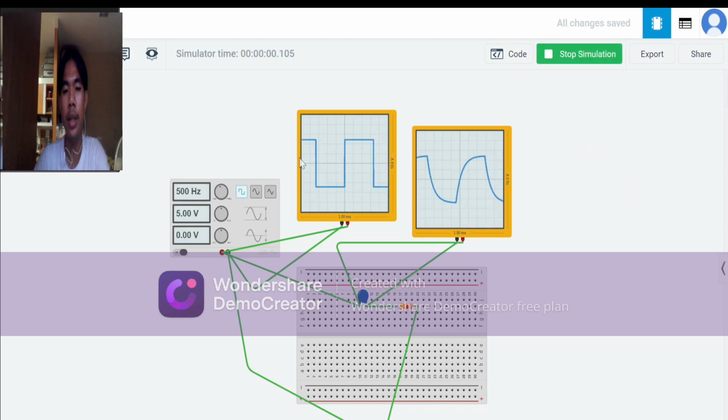We can see this is the signal of source, and this is the signal of the capacitor.